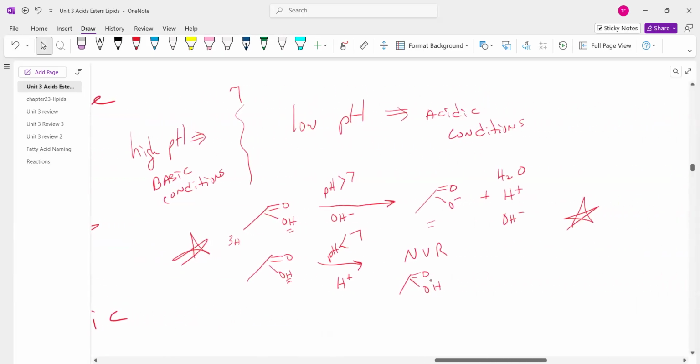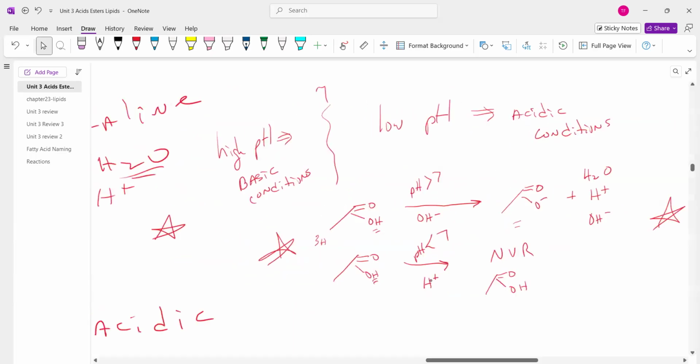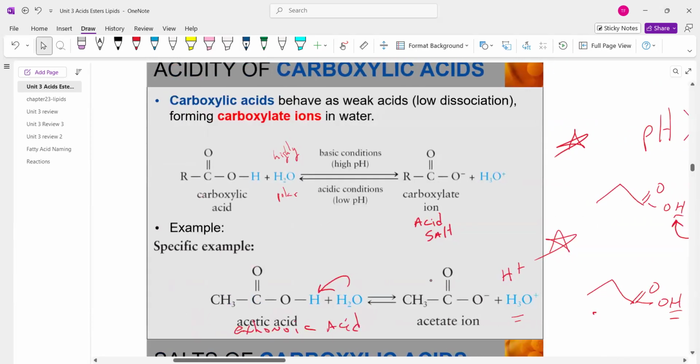Like we're going to find when we get into Unit 4 on proteins, amino acids have both an alkaline end and an acidic end. So the acidic end feeds the alkaline end, and it forms something called a Zwitter ion. It's kind of a cool concept. And that's basically what they're talking about here. This is the conjugate base.